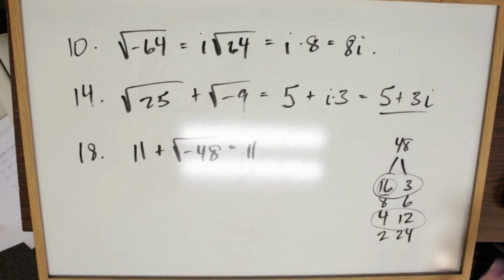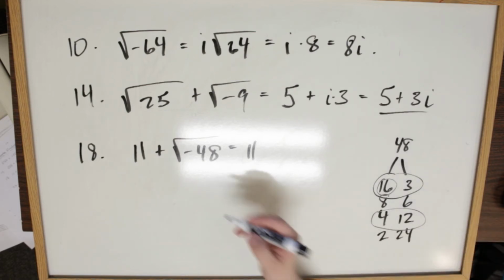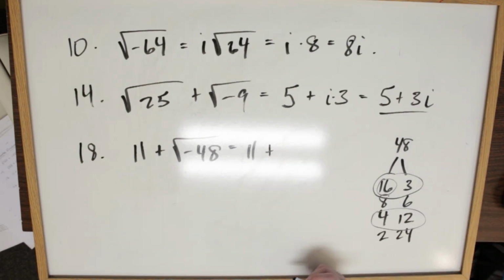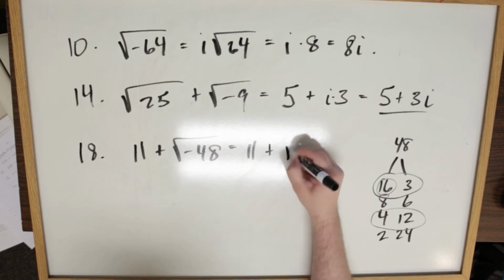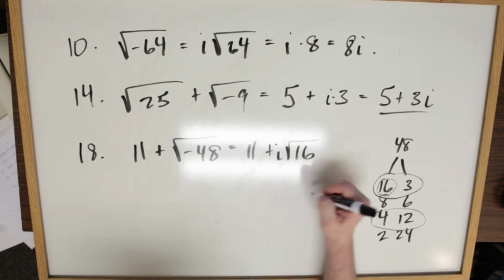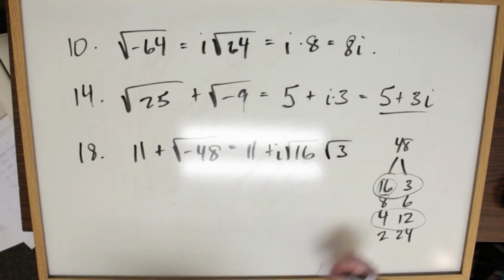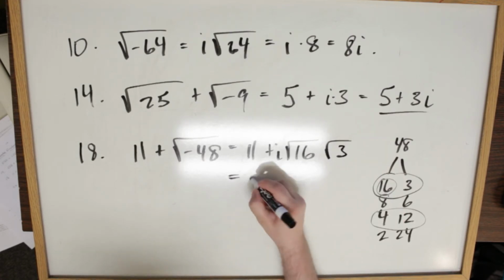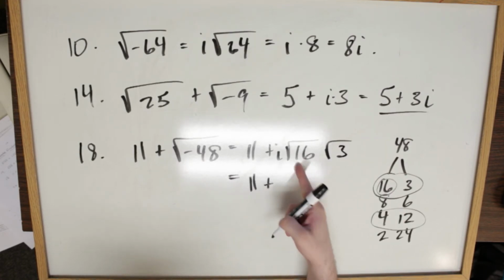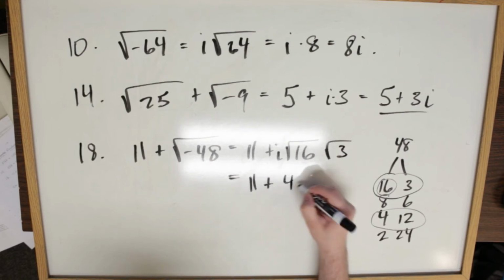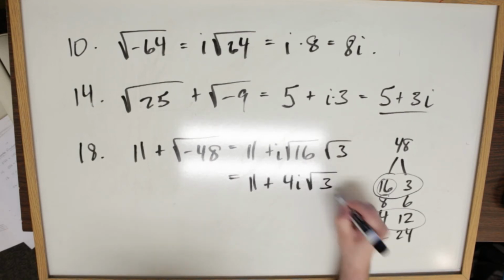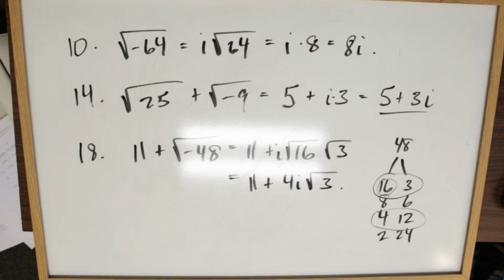The highest number that has a square root is 16. So that's what we're going to do. So this is going to be plus the square root of 16, so this is I in front times the square root of 3. Now we've got 11 plus the square root of 16 is 4. So this will be 4i times the square root of 3. Okay, so that's that question.